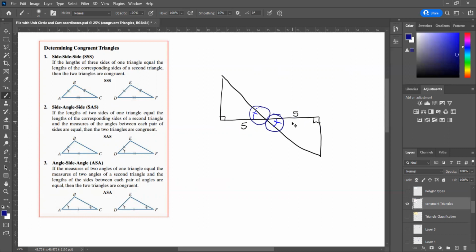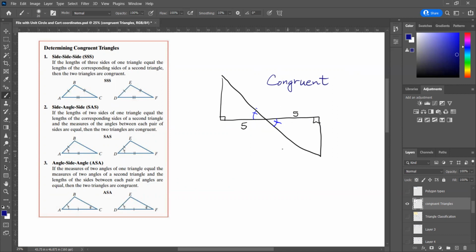So we have an angle and a side and an angle. And notice that when you have angle, side, angle, two angles and the side between them, if those are the same, then the triangles are the same. And so we would say these are congruent triangles.